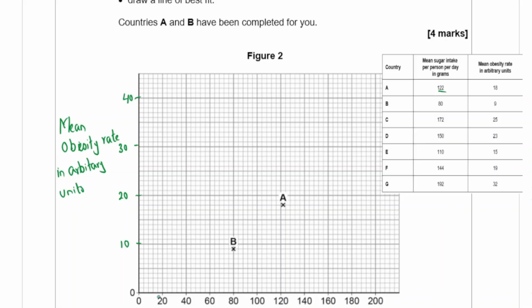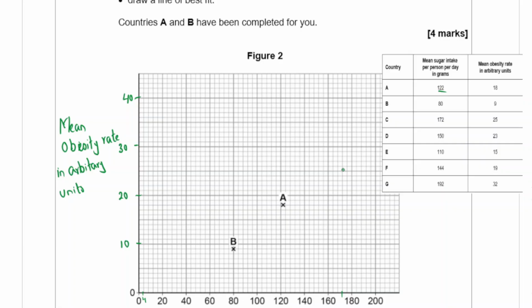On the x-axis, each box is 4, so 22 at 18. So C is 172, which should be over here, and at 25. So that's 20, 25.